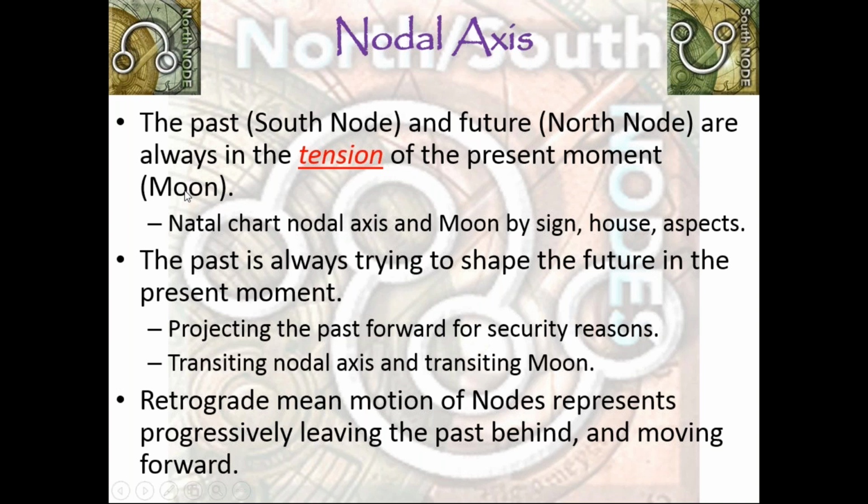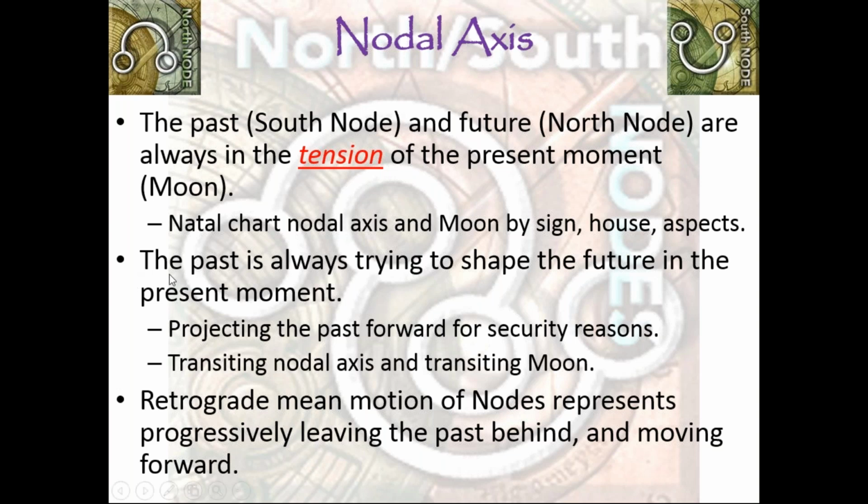So we look at this natally by looking at our chart to see where the South Node, North Node, and Moon are in our chart on a natal basis. This will show us where we have a lifetime of tension, leaving the past behind, trying to move the ego forward. And we will do that through the signature of where the Moon is natally, sign, house, aspects.